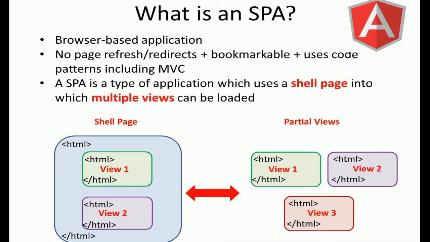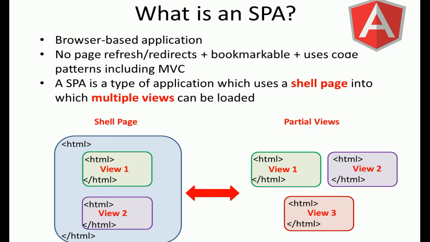Before diving into the introduction to MVC, let's take a moment to briefly review what is a single-page application. SPA for short are browser-based applications that often use patterns such as MVC. They are bookmarkable and devoid of any full-page refresh. Once the application is loaded to the client, any future page navigations are retrieved using AJAX.